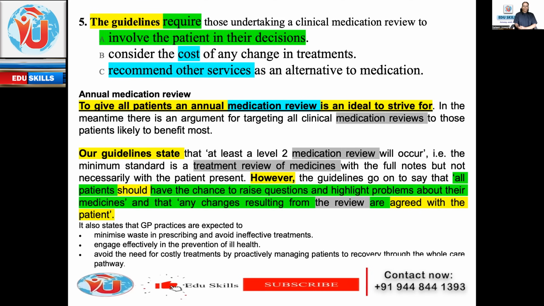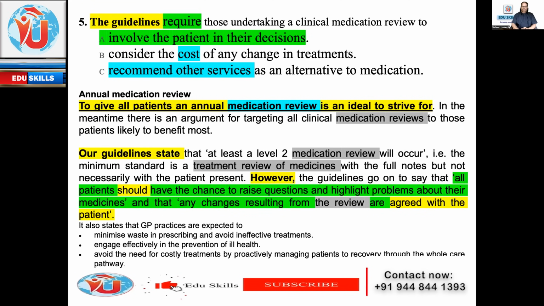Annual medication review. To give all patients an annual medication review is an ideal to strive for. In the meantime, there is an argument for targeting all clinical medication reviews to those patients likely to benefit most. Our guidelines say that at least a level 2 medication review will occur.